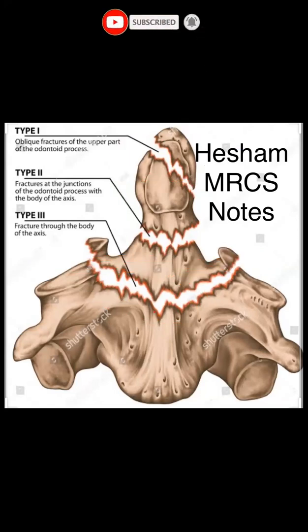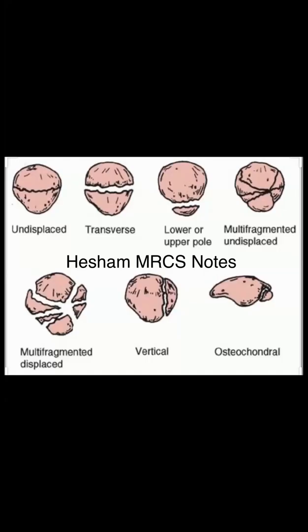This is also important. Another one, fractures to patella. The most common fracture for patella is due to direct blow to the patella, a multi-fragmented stellate fracture. This is due to direct blow or direct trauma to the patella.